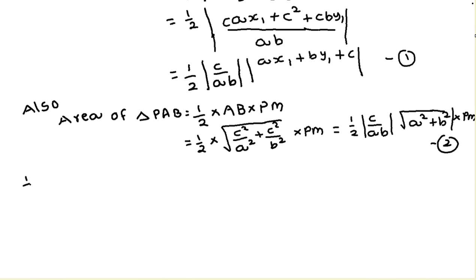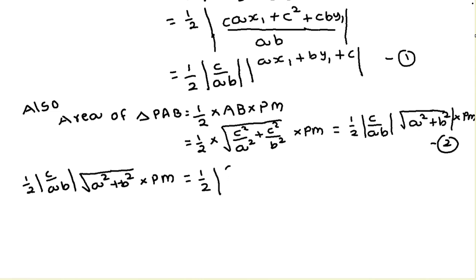So half mod c by ab root over a square plus b square of PM is equal to half, from 1 I am writing, c by ab mod ax1 plus by1 plus c.